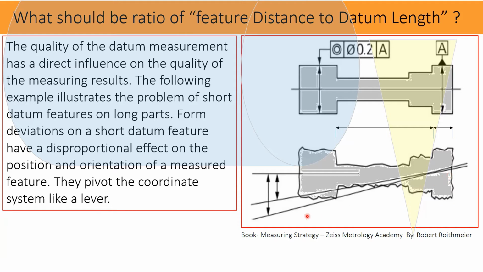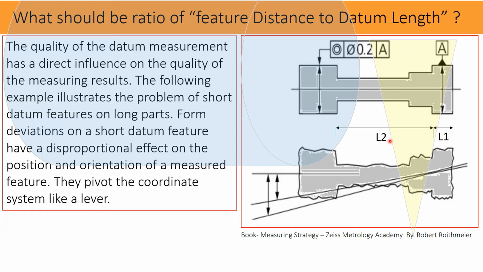Here, length of datum A, that is cylinder length L1, is very short as shown in the figure. The separation distance from datum cylinder to tolerance cylinder is L2. This distance L2 is many times larger than the length L1.